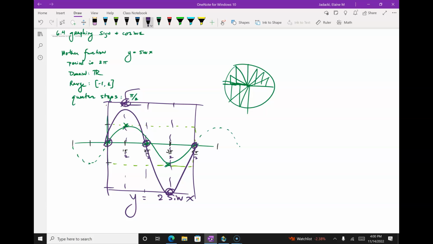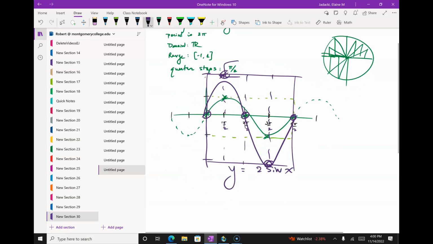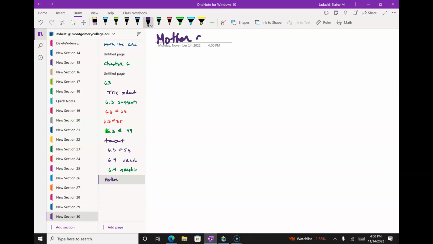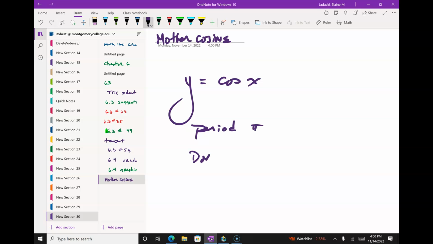Let's do the mother function for cosine. So again, the period is 2 pi. The domain is everything. The range is -1 to 1, inclusive.